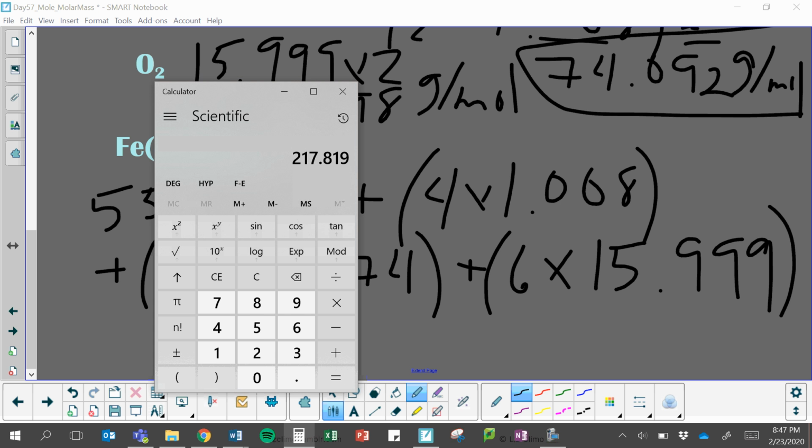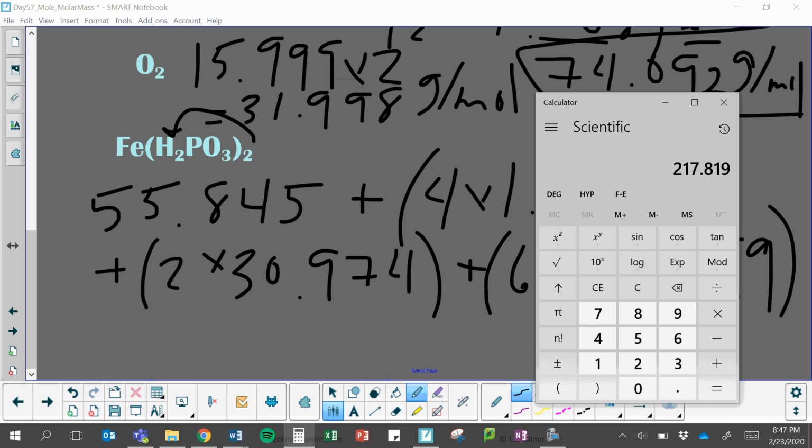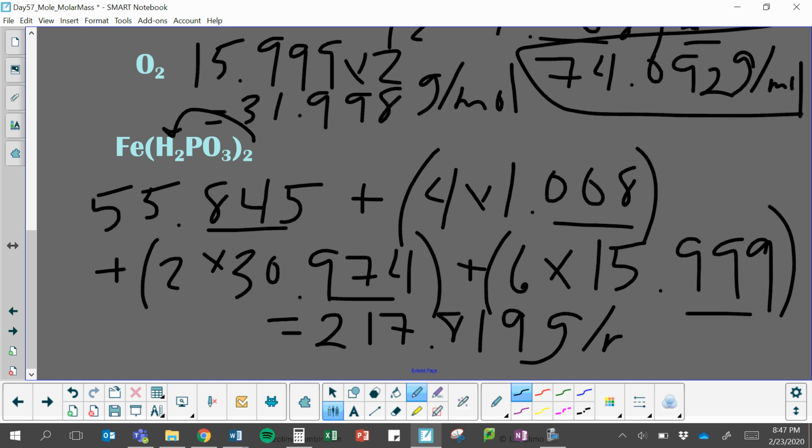And so when we do all that, we get 217.819. And everything has 3 places after the decimal, so we're good, and this is grams per mole. That's probably one of the trickiest ones that you'll have.